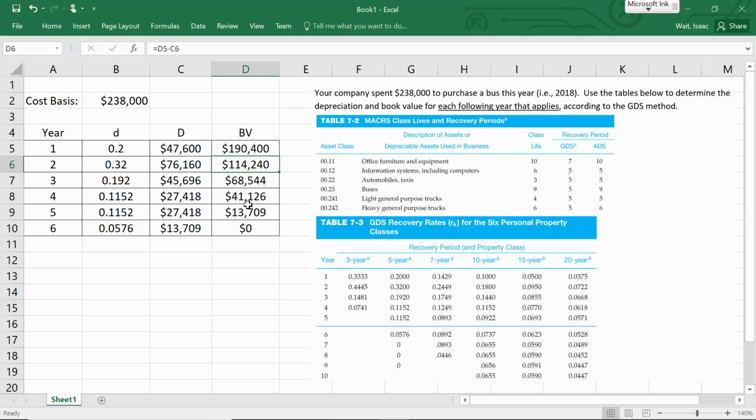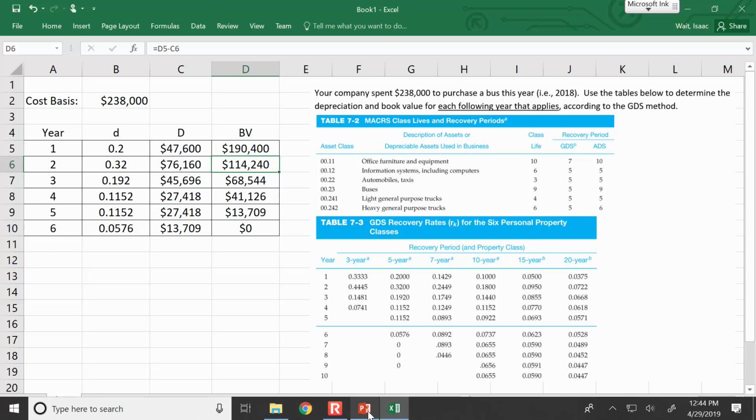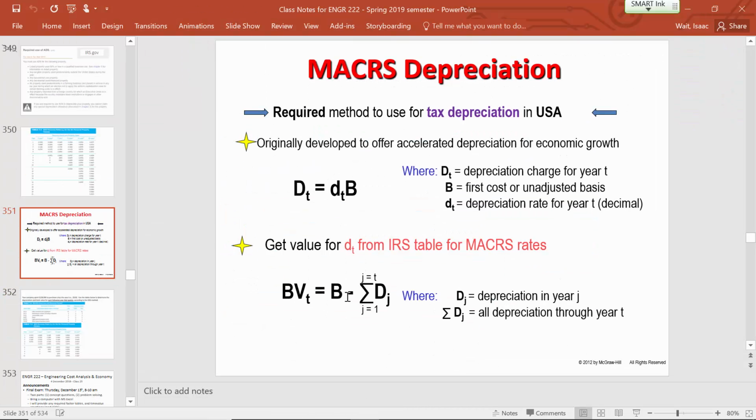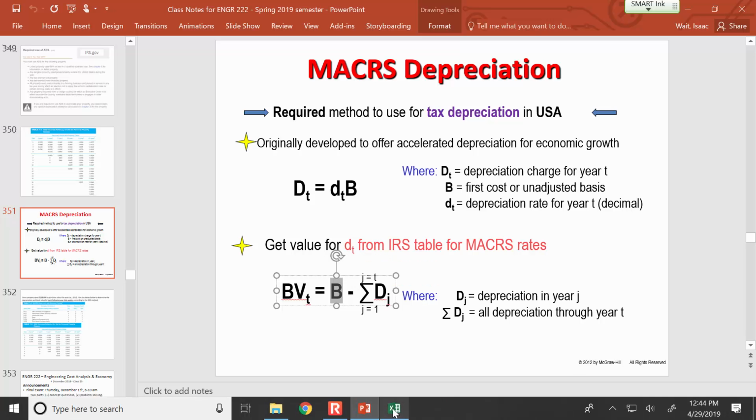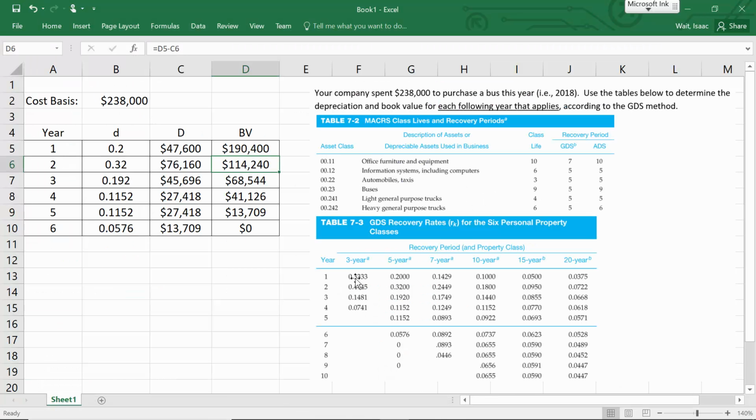Or the other way of looking at it, the way that the formula said in the PowerPoint slide, it's the cost basis minus the sum of the depreciation up to that point. So another way to calculate this $114,240 would be the cost basis of $238,000 minus both of the depreciation amounts that have occurred to date, meaning the first year's amount and the second year's amount.